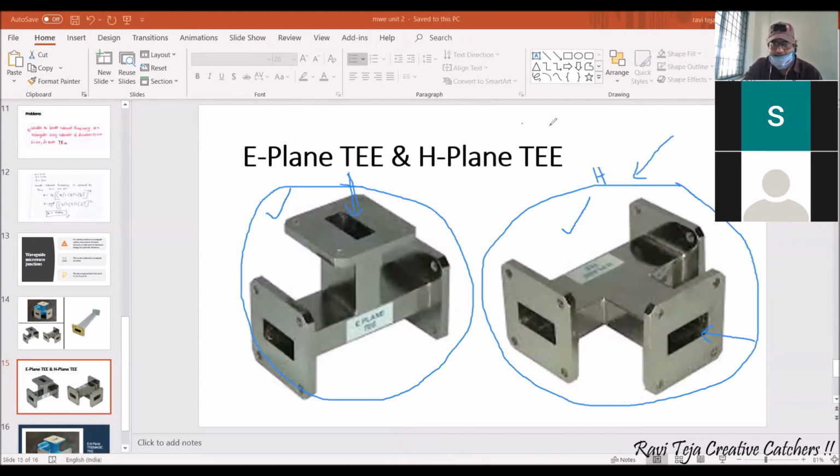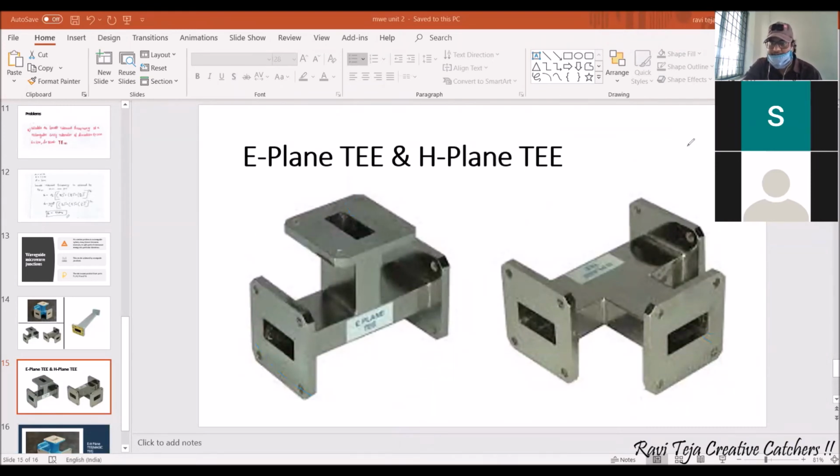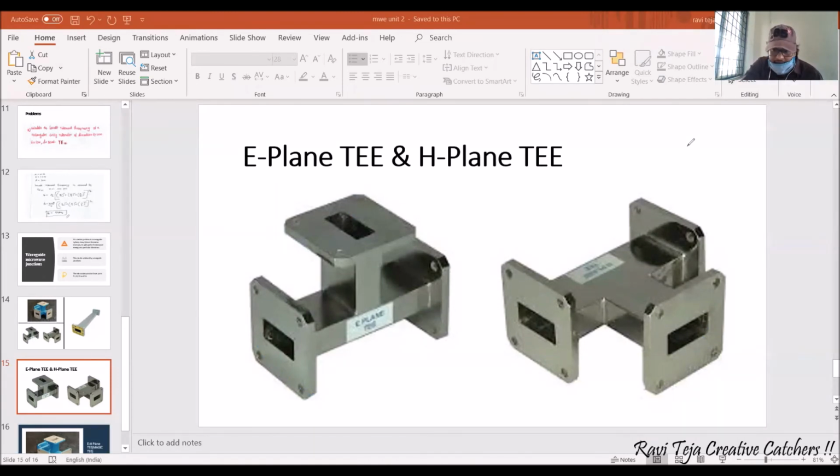If you carefully see here, there is one flat waveguide with 3 ports. And in this one, there is one more flat port with a vertical elevation.